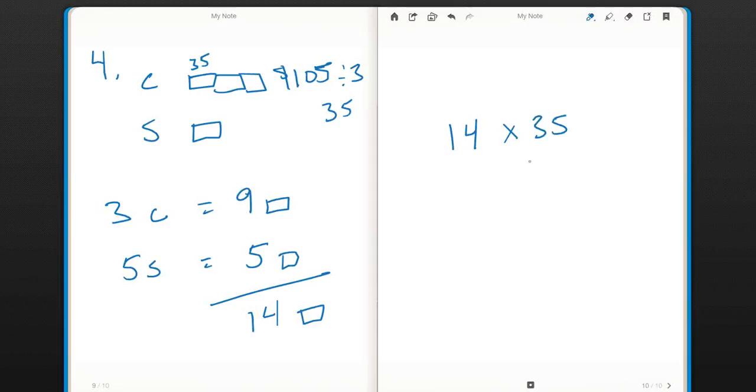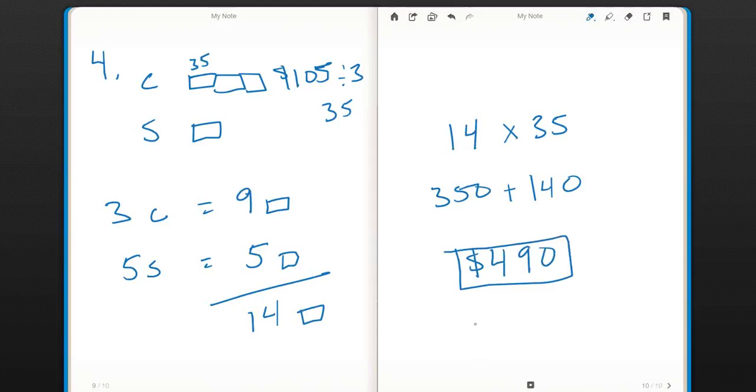So, if I have that, let's try mental math. 10 35s is 350. 2 35s is 70, so 4 35s is 140. Altogether, that's going to give me $490 for the cost.